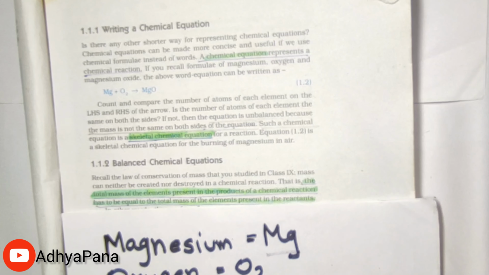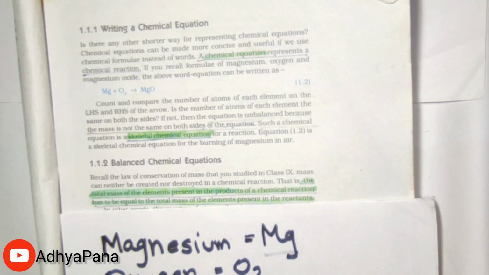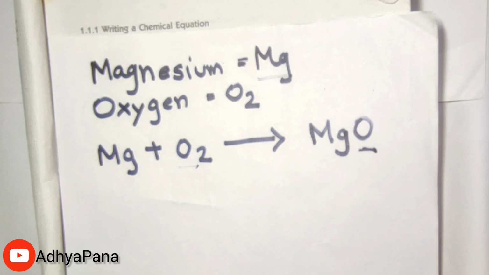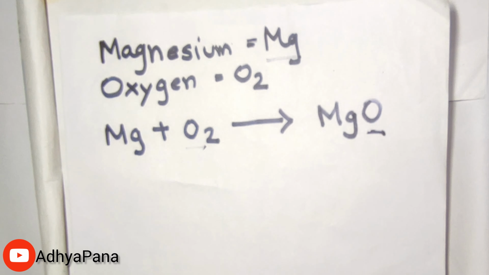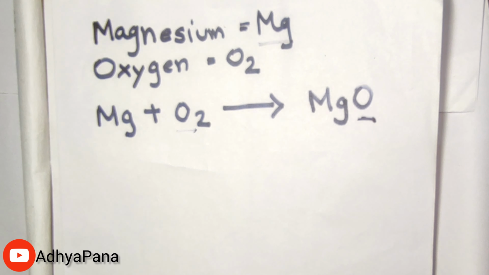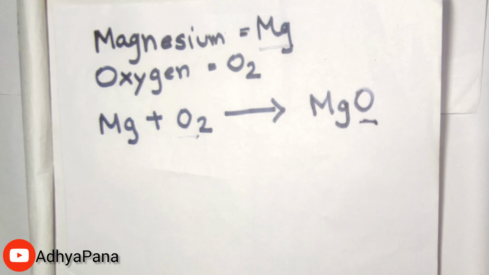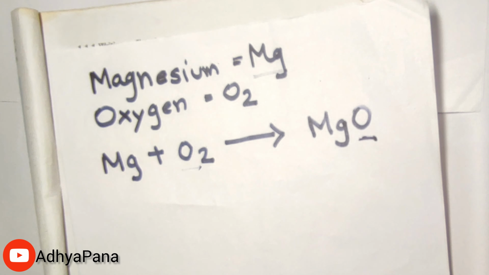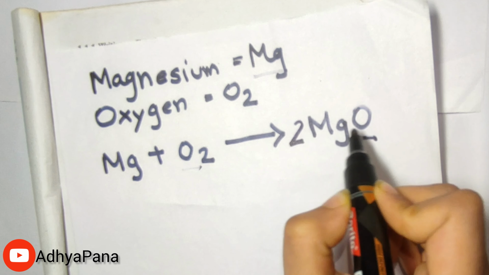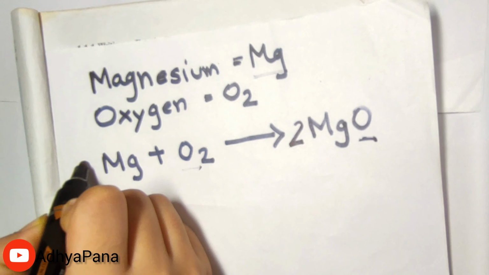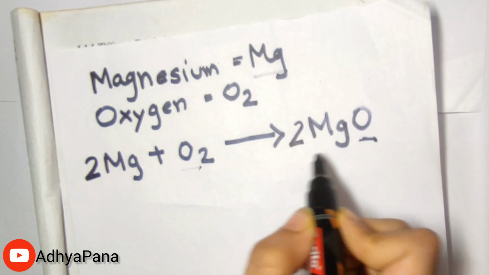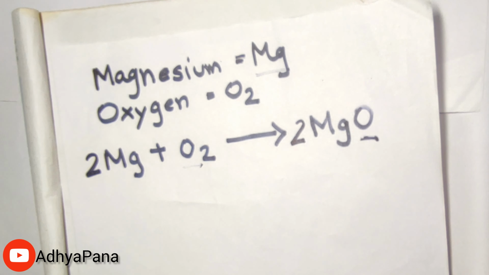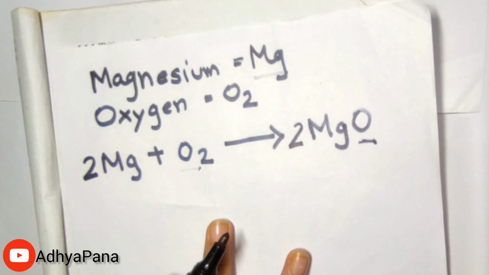We have already seen that the law of conservation of mass states that the total mass in the reactants will be equal to the total mass in the products. So, we have to balance it. We are putting 2 here in front of the product and also maintaining the mass for magnesium. I will teach you about the balancing in the next part of the chapter.